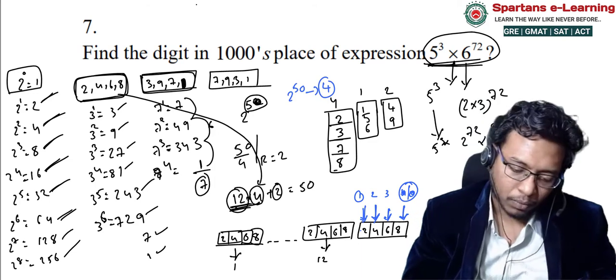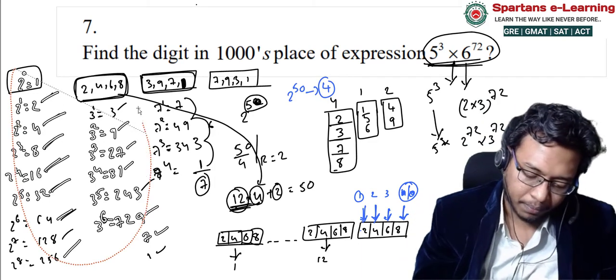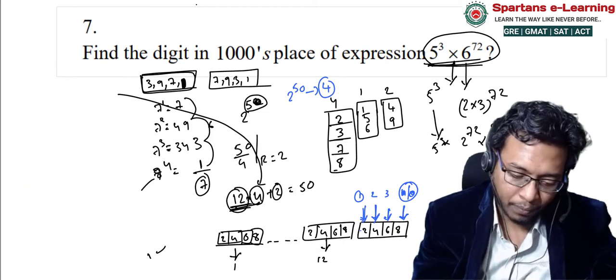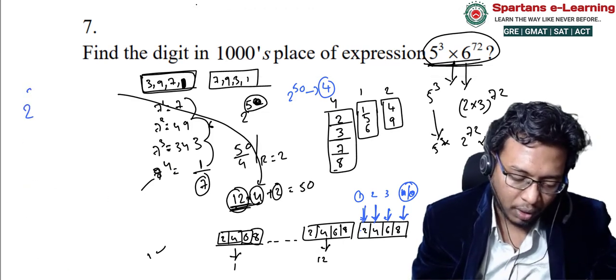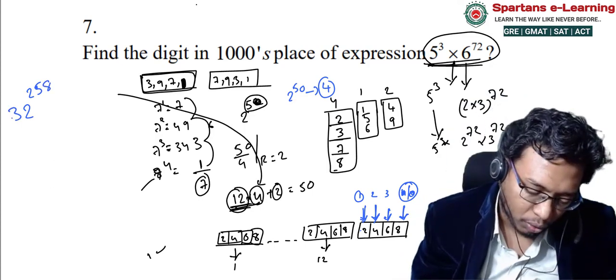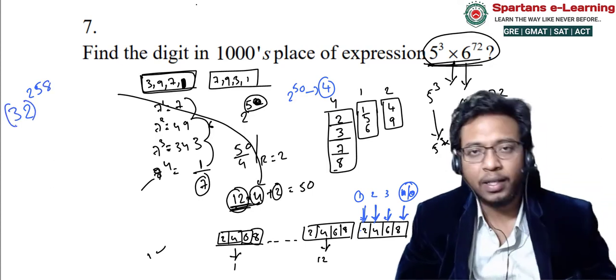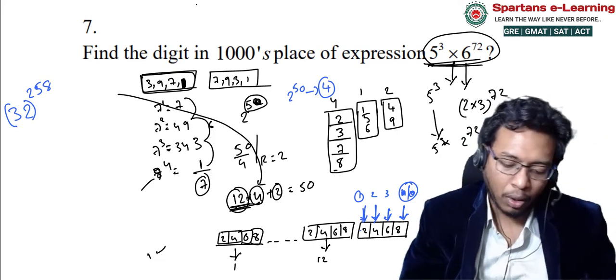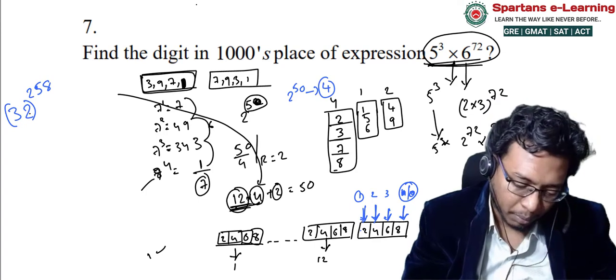Now I'll give you one more question here. Now, if I want to find 32 power 258, what is the units digit of this? Now how will you find the units digit is simple.